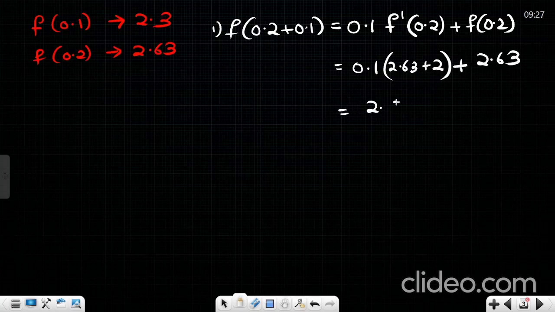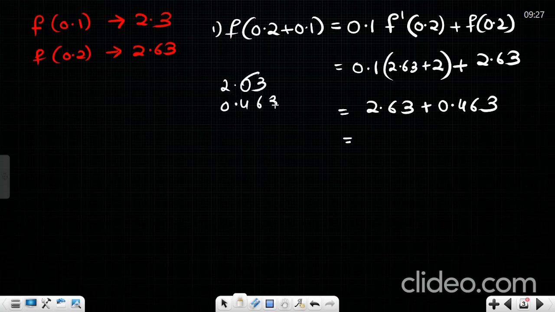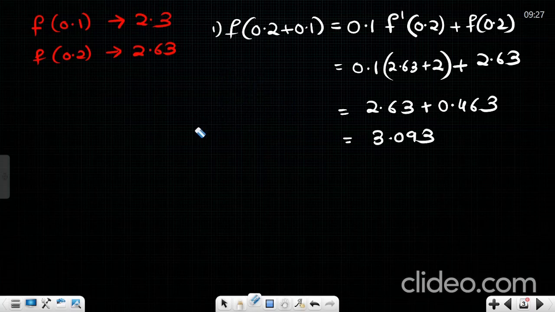So final answer will become 2.63 plus 2.63 plus 2 will become 4.63 into 0.1, 0.463. So how much the value will be? 2.63 plus 0.463, 3.093. So this will be the value of f of 0.3.